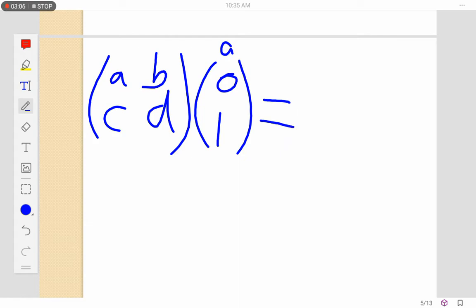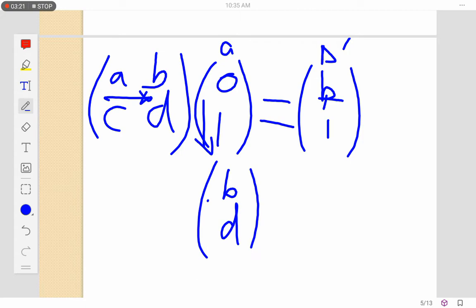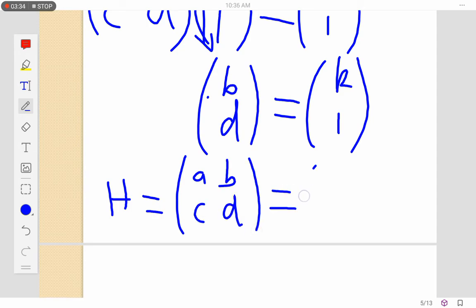It moved to a point which is now our image D, which was (k, 1). If we do our row by column multiplication, you find that our B and D will become equal to k and 1. So at the end of the day, our shearing matrix H, which was in the form A, B, C, D, is equal to (1, k; 0, 1).